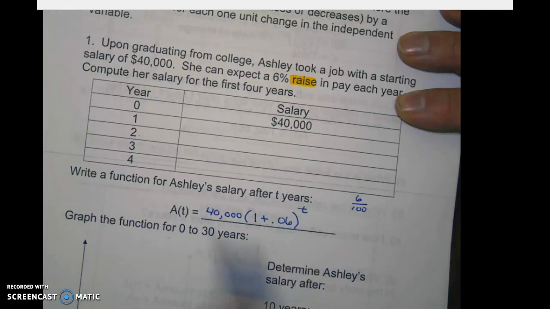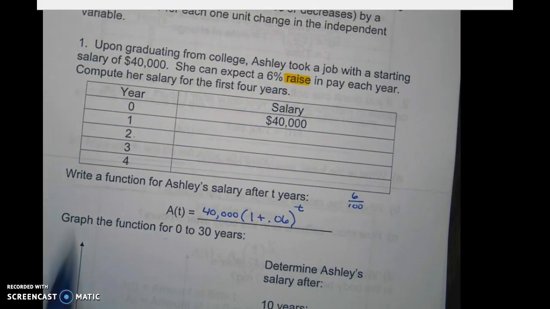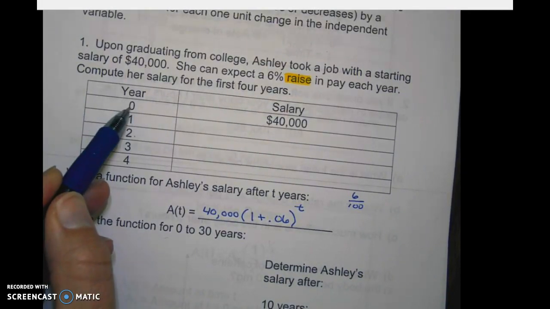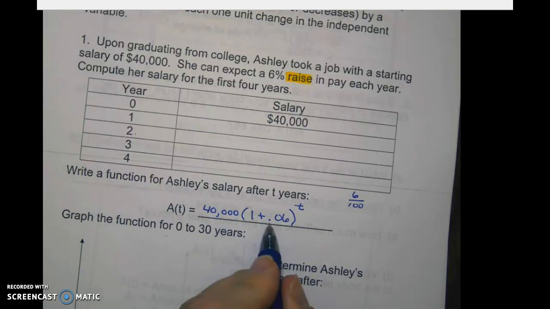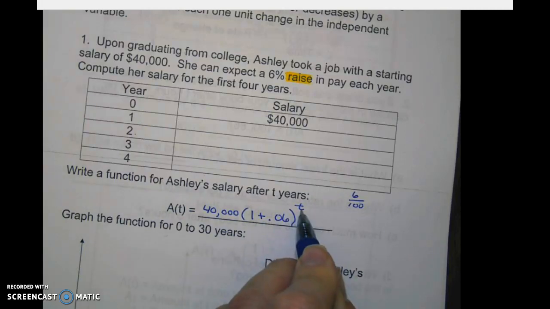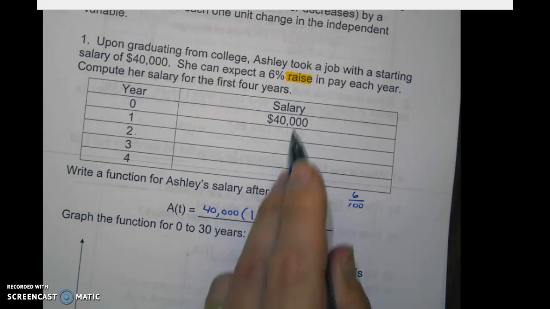And so this is going to be the equation that we're going to use. So plugging the numbers in, if we plug 0 in, 1 plus 0.06 is 1.06. To the 0 power is 1. And 1 times 40,000 is 40,000.